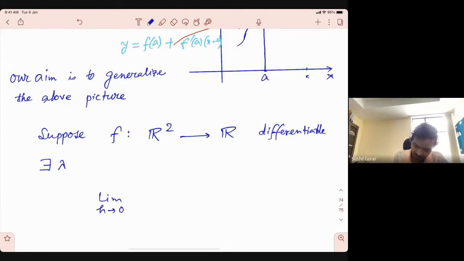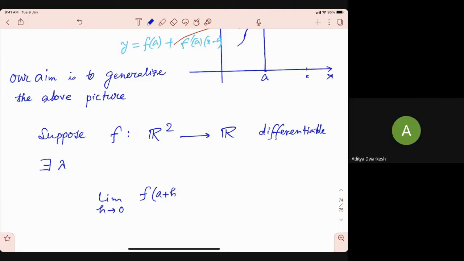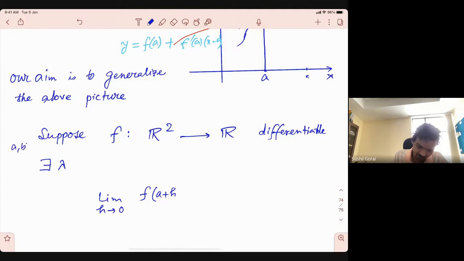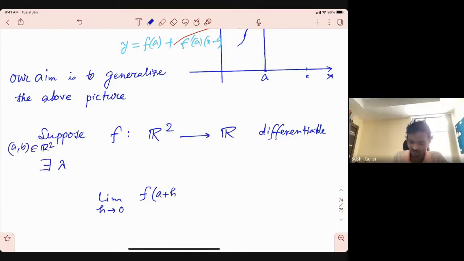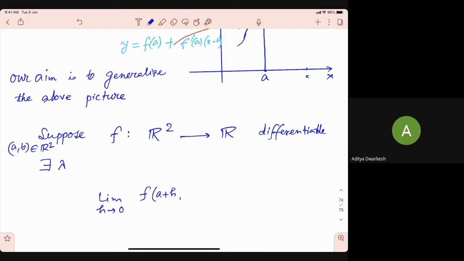Limit h tends to 0, f of a plus h. Let's say a point is just (a, b). Okay, so (a, b) is an actual point. So f of a plus h minus f of a.